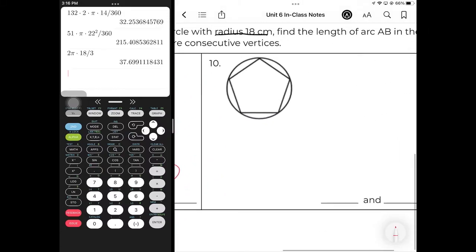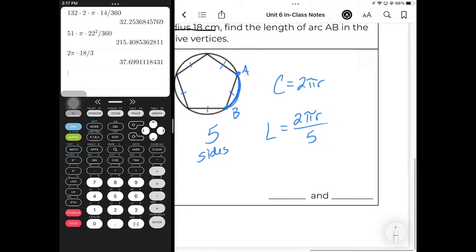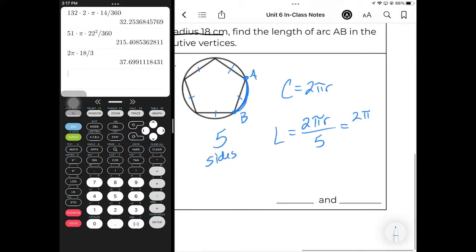Let's try that again for number 10. This time there are 5 congruent sides. If I want the length of an arc between two consecutive vertices, A and B, remember circumference is 2 pi r, so my arc length is that 2 pi r divided by 5 sides, which would be 2 pi, I know my radius is still 18, 2 pi times 18 divided by 5.